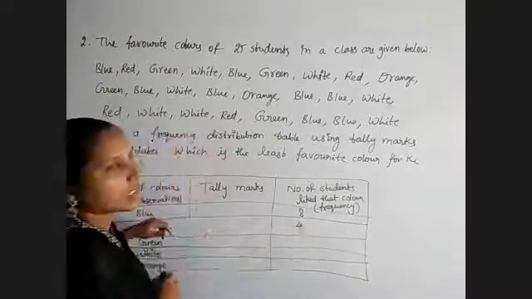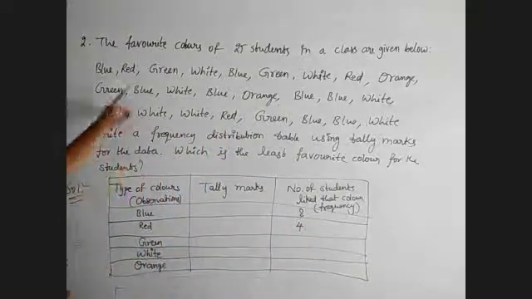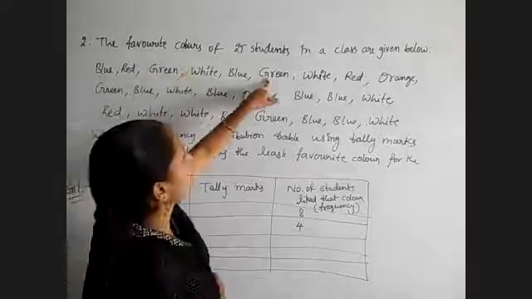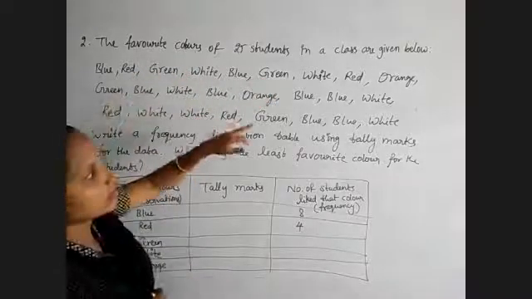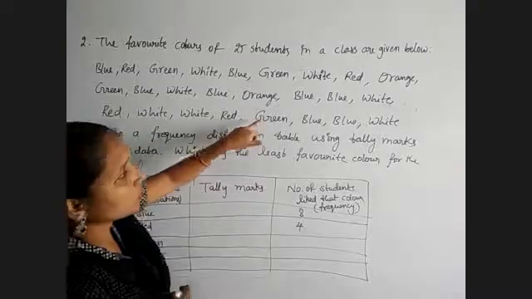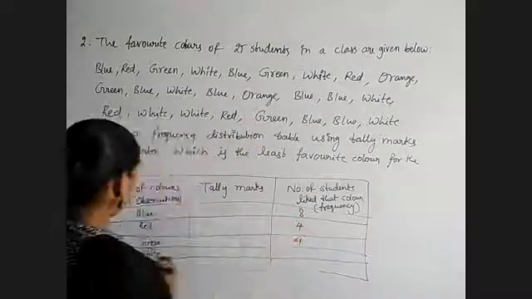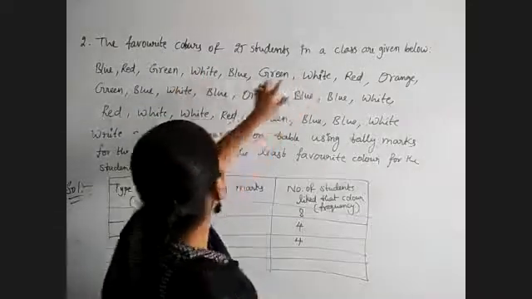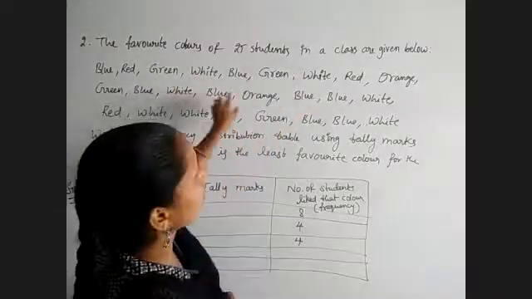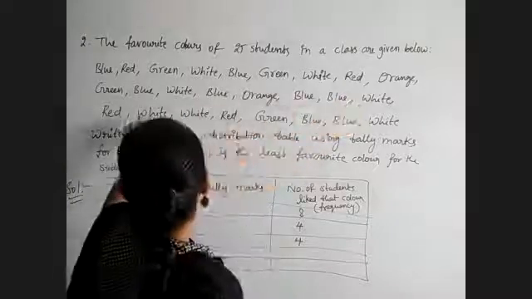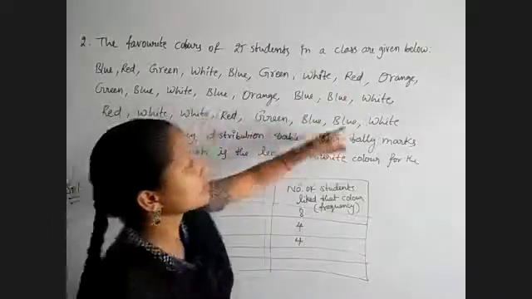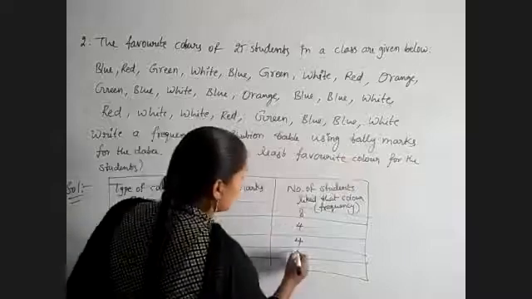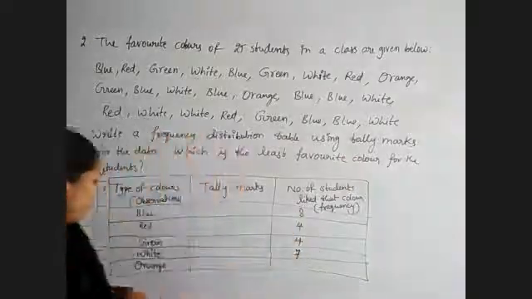Only 4 people were there. Next, green. 1, 2, 3, 4. White color. 1, 2, 3, 4, 5, 6, 7. 7 people are liking white color.